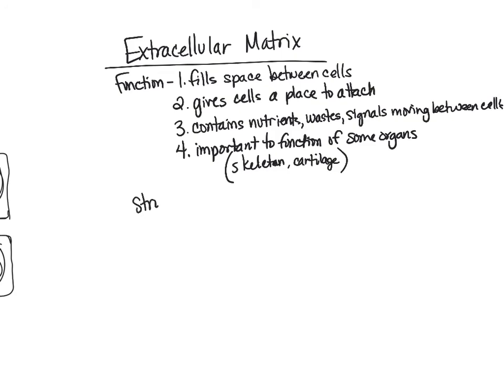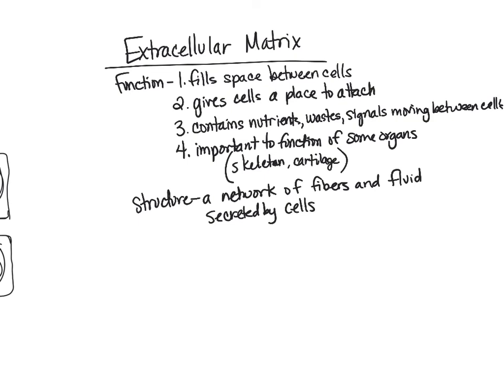So the structure of the extracellular matrix is typically a network of fibers and fluid secreted by the cells themselves. When we think of the skeleton, the bone cells are secreting this extracellular matrix.